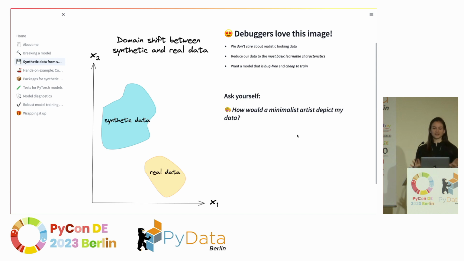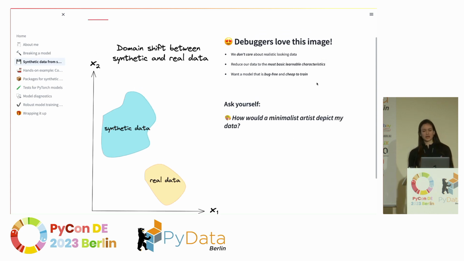Now, I want you to forget any associations you have with this image when you're debugging, because when you're debugging, you actually love this image, because this tells us our synthetic data can be as simple as possible if we just want to train a model that is bug-free and cheap to train.